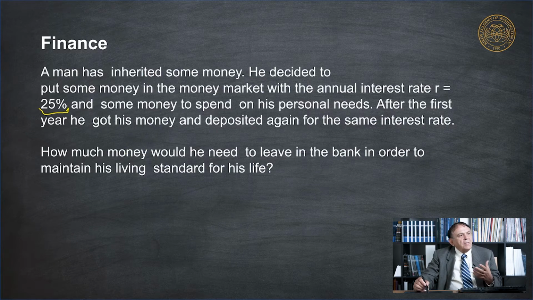And the problem is how much money he can put aside, or he has to put aside, not to decrease his living standard, all right? So he wants to maintain his living standard all the time, okay? So why do students get frustrated here?